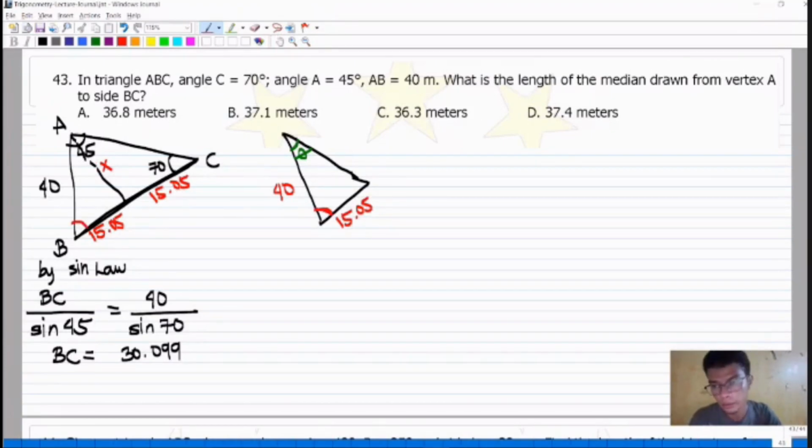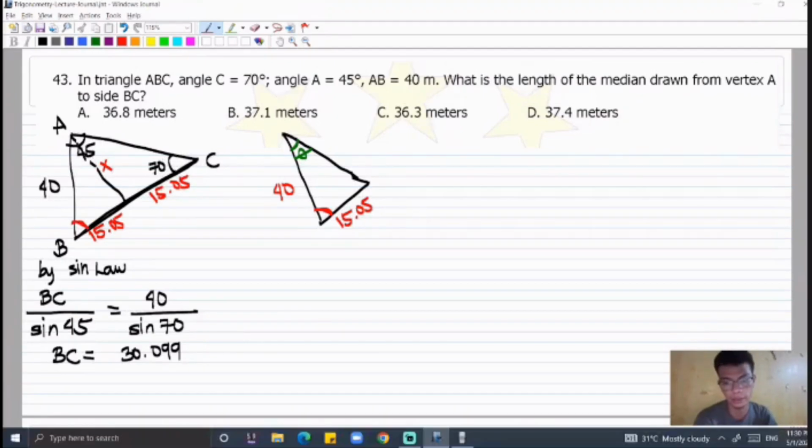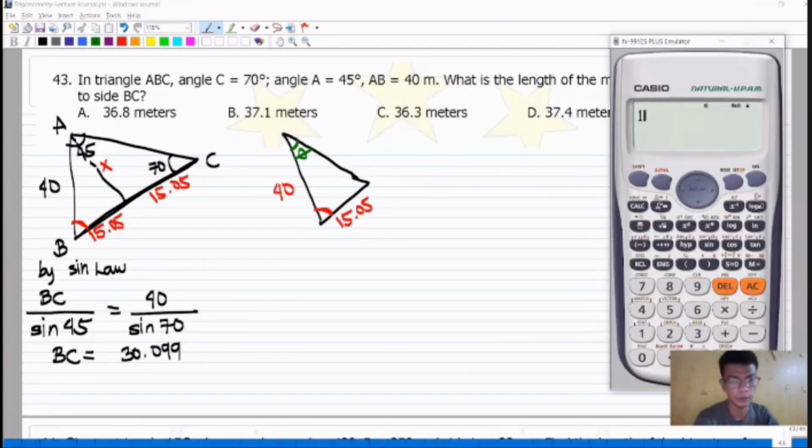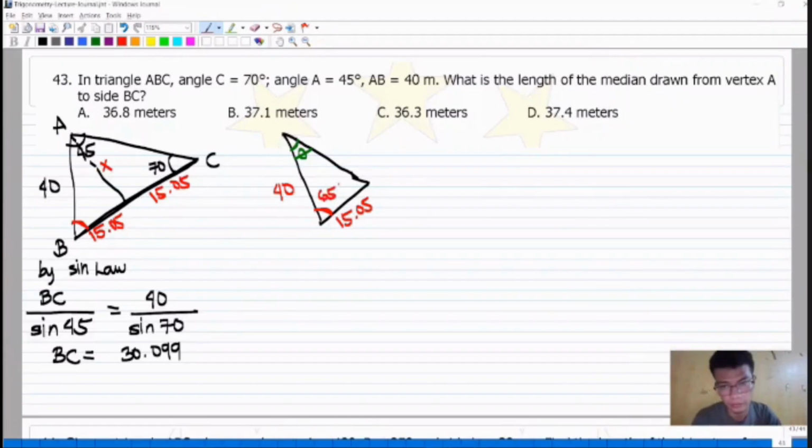Kasi, from the original triangle, meron tayong 45 degrees tsaka 70 degrees na given, so pwede natin kunin yung pangatlo. 180 minus 45 minus 70 is equal to 65 degrees. Ito ang hinahanap natin na haba ng median.